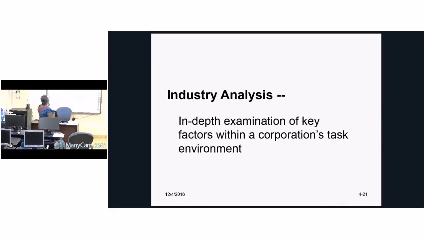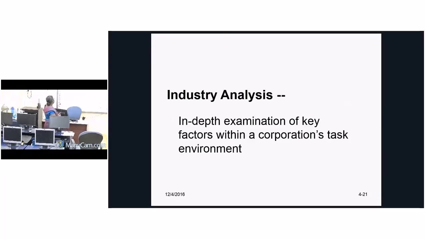It is an in-depth examination of key factors within the corporation's task environment.